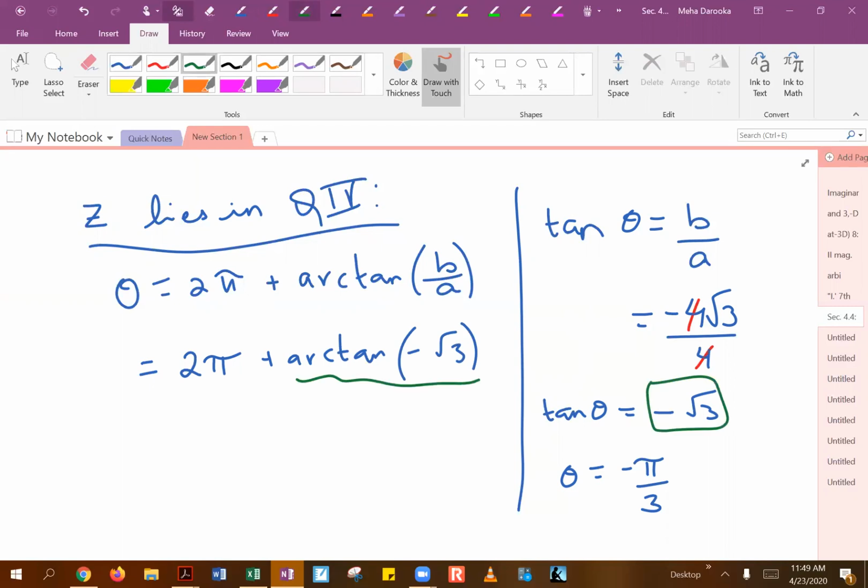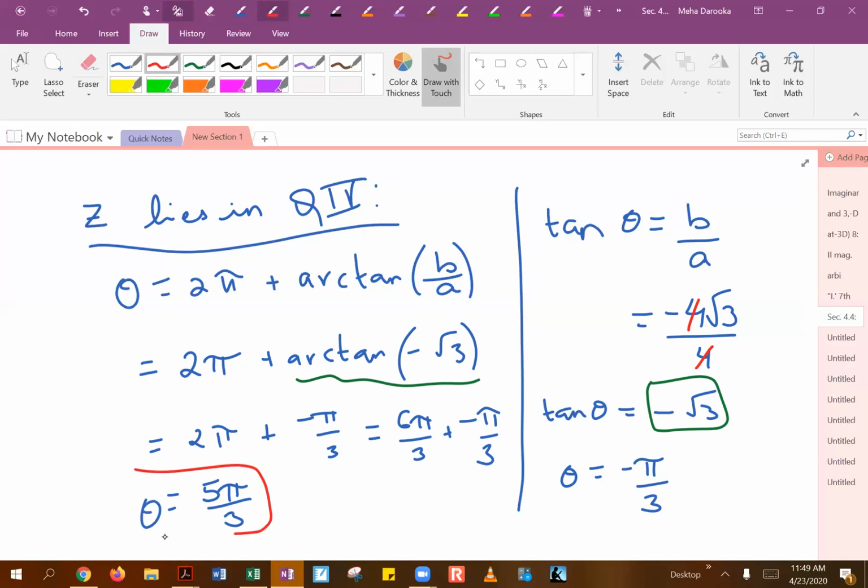So for this value here, do I put just negative pi thirds? Yeah, you put the negative pi over 3, add that with 2 pi, and what do you end up getting? So that will become 6 pi over 3, and then you've got 5 pi thirds. Yeah, very good. 5 pi thirds is going to be our theta.